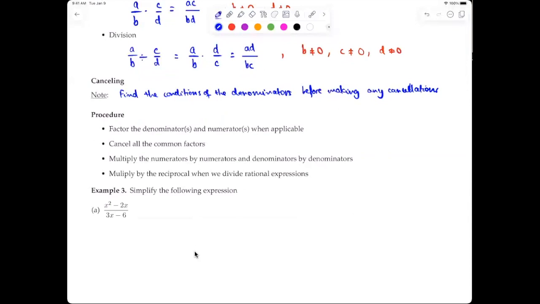Now for the procedure, when you want to multiply two rational expressions together or divide two rational expressions, you can follow these steps, right? I make the assumption that nobody has seen this material before, therefore this procedure, okay?